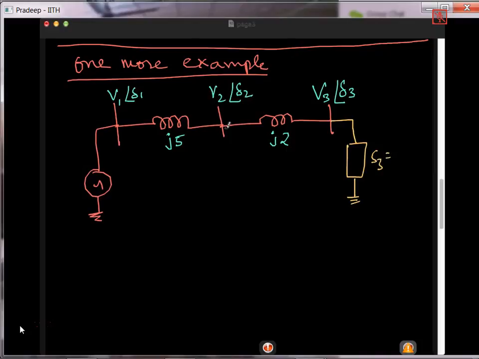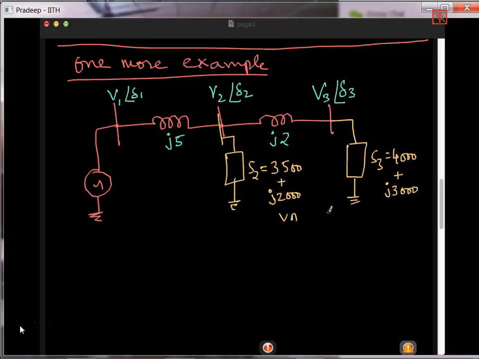The loads I am connecting here: S3 equal to, and another load here, S2 equal to. S2 is 3500 plus J2000 and S3 is 4000 plus J3000.